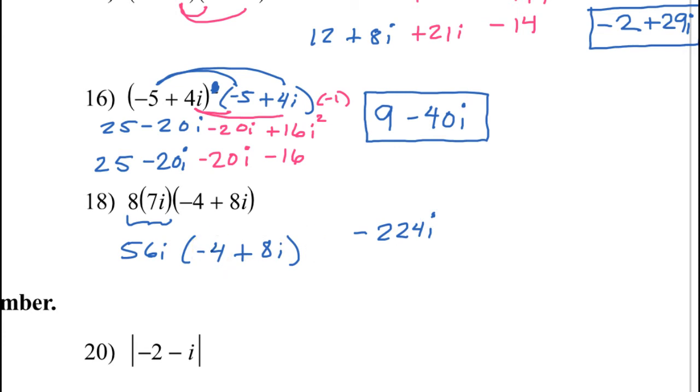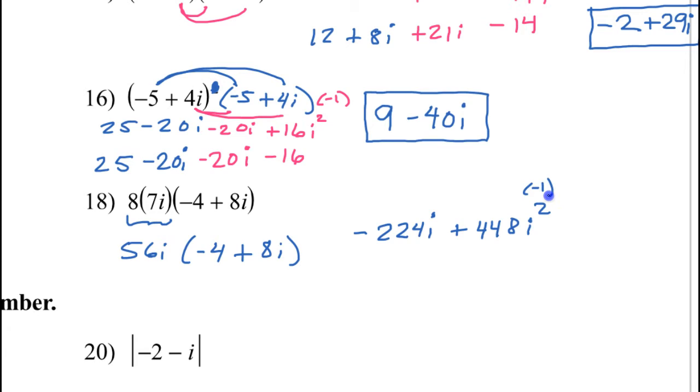And then 56 times 8 is 448. So this will be plus 448i squared. Watch out, because I have i times i, so that's i squared.